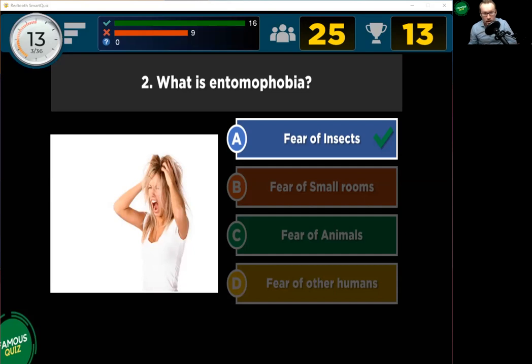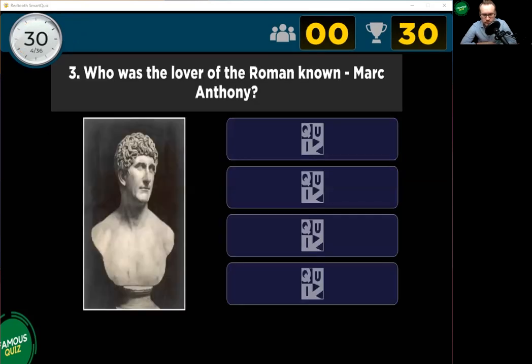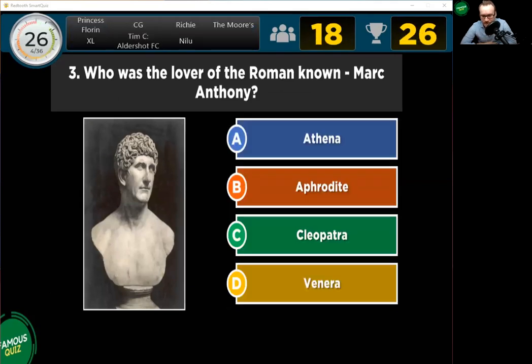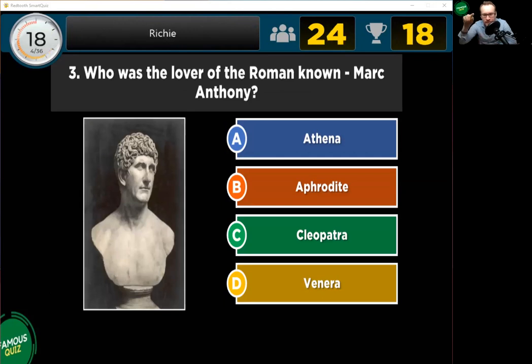Okay. Third question in the first round. Who was the lover of the Roman Mark Antony? Athena, Aphrodite, Cleopatra, or Venera? So Mark Antony was in love with one of these women.